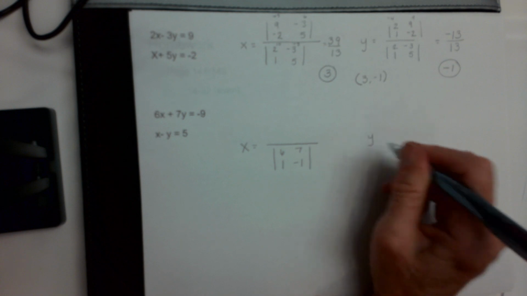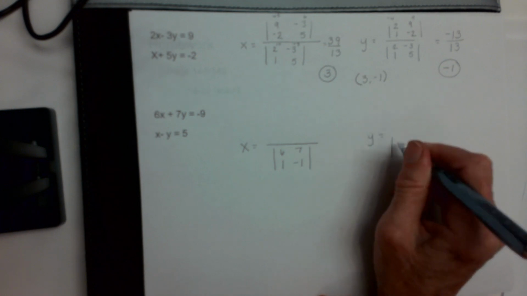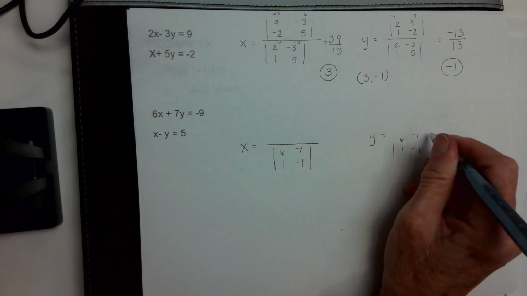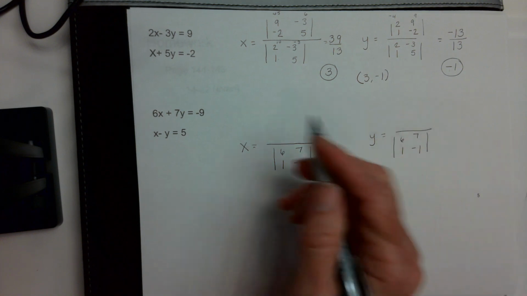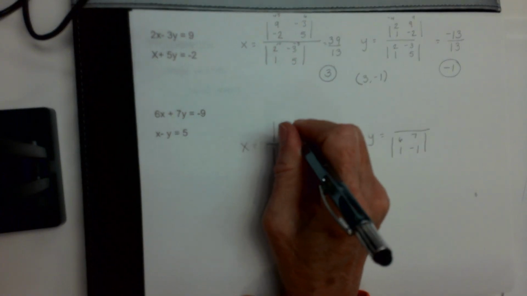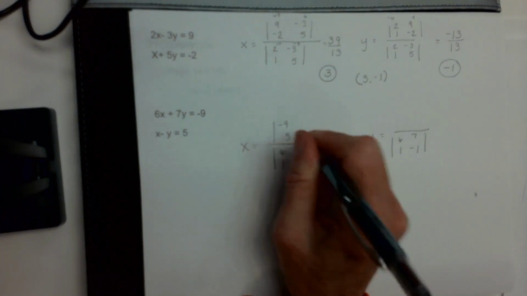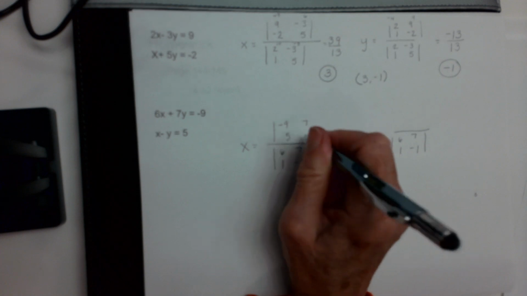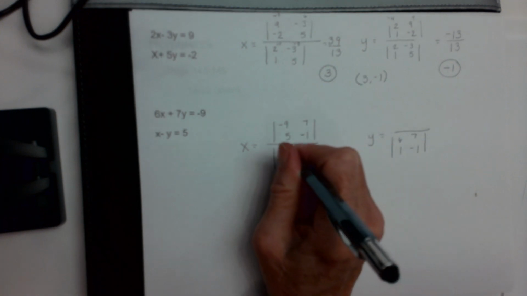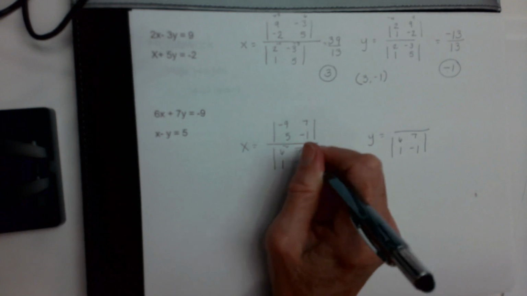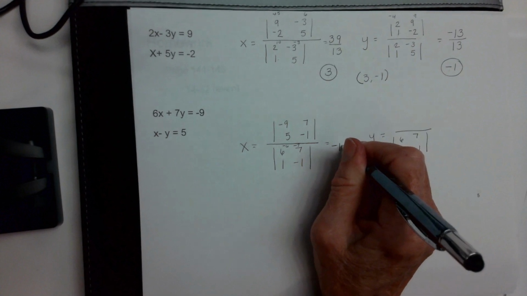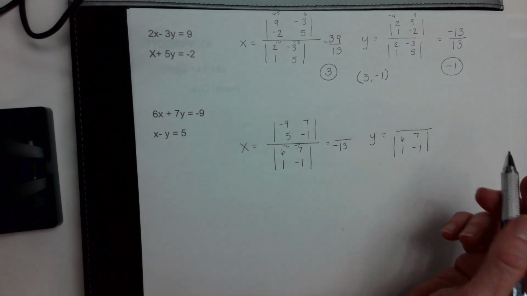What you have on the bottom of the x is the same thing that you have on the bottom of the y. On the top, I have last, which is negative 9 and 5, and middle, which is 7 and negative 1. So the determinant of the bottom is going to be negative 6 minus 7, so I'm going to have a negative 13 on the bottom on that.